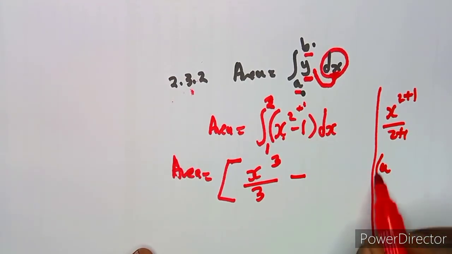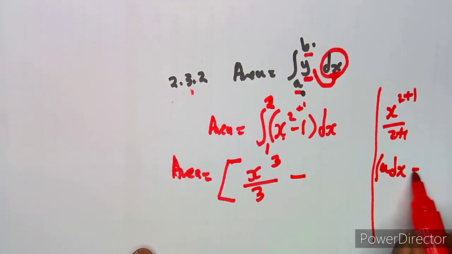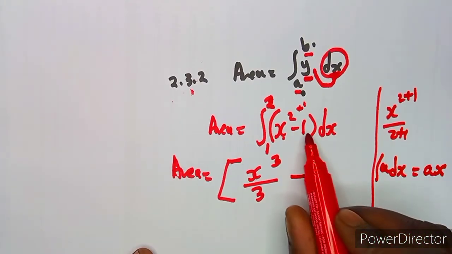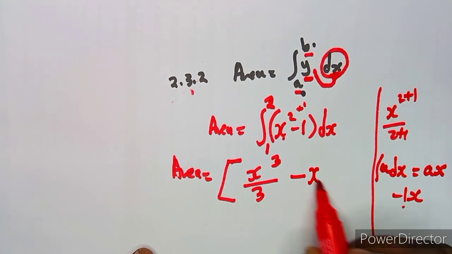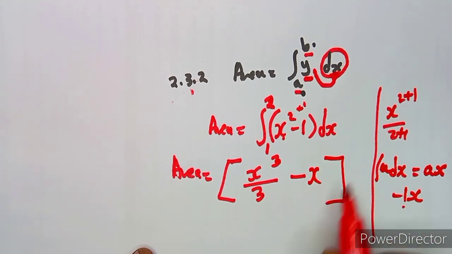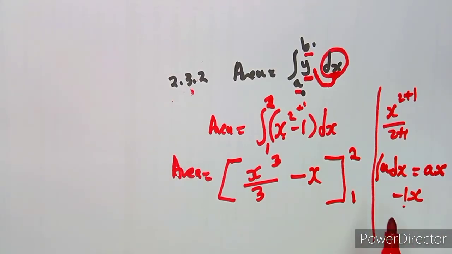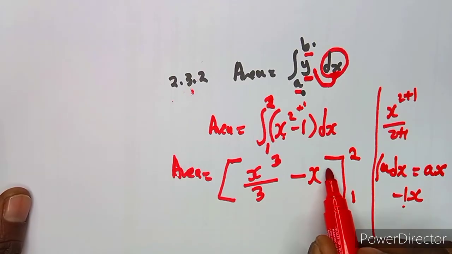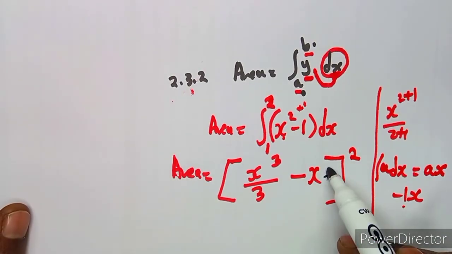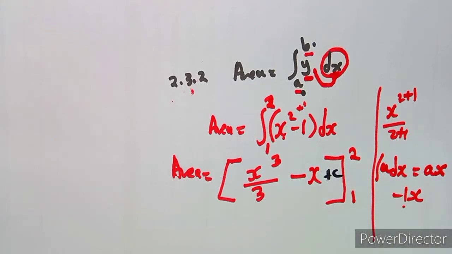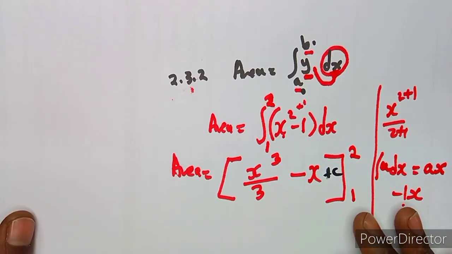Remember, a constant with respect to x is going to give us ax, so this one is going to be minus 1x, which is the same as minus x, with the limits 2 and 1. Like I said, you can write your constant of integration here, but it doesn't matter at all because it is going to cancel itself. So there's no need for you to write it.